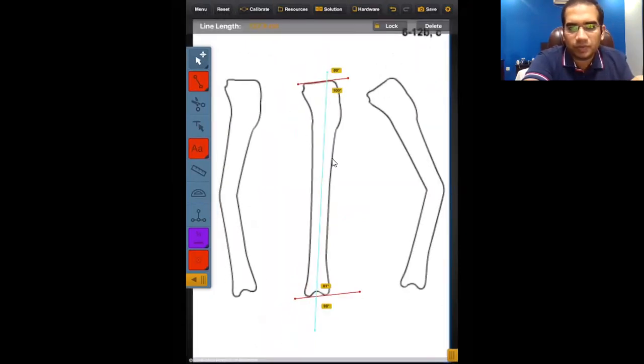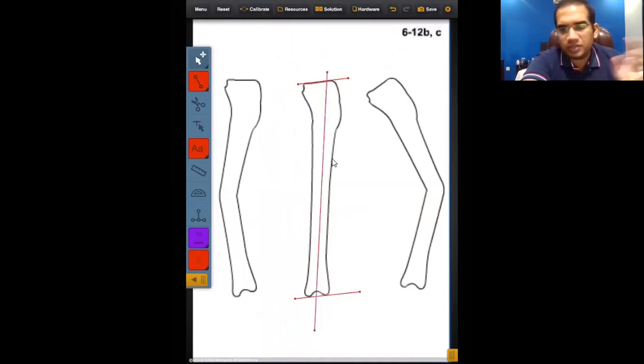The posterior proximal tibial angle is 80 degrees. This is also the mechanical orientation line. The anatomical axis line and the mechanical axis line are the same in the tibia, both in the sagittal and frontal plane. So now let us draw the joint orientation lines over here.